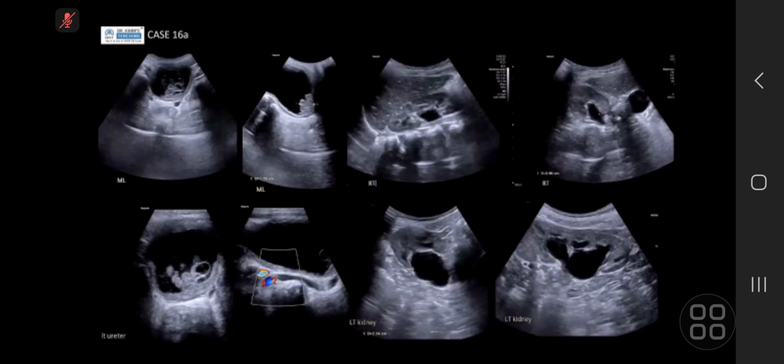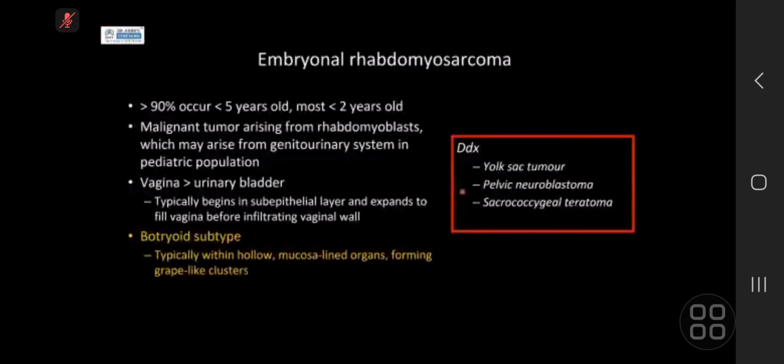I put this case in just because I thought it was quite classic. It was embryonal rhabdomyosarcoma of the bladder, and you have this characteristic cluster of grapes look. Of the subtype, this is the botryoid subtype, and looking at these grape-like clusters, I thought it was quite nice to see because before starting pediatric radiology, I actually hadn't seen one of these, so I thought it was quite a nice thing to see, like an Aunt Minnie.